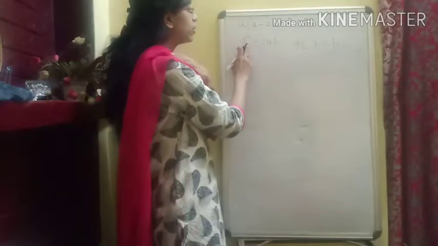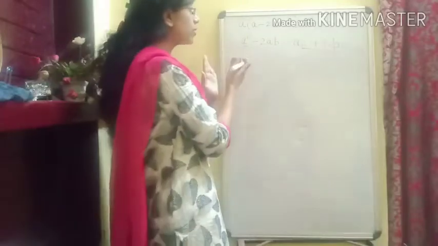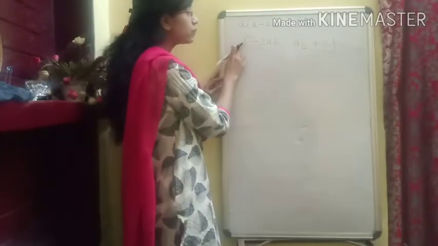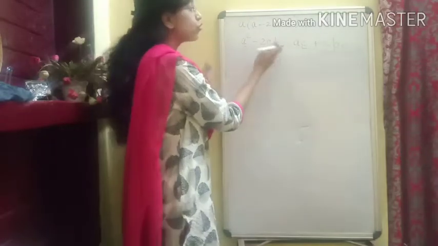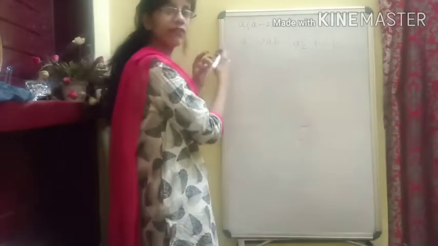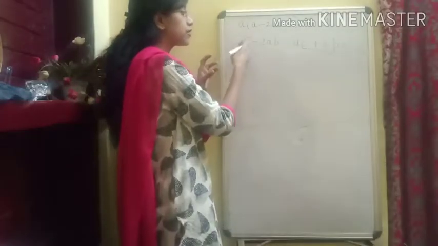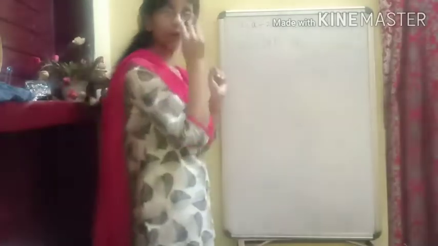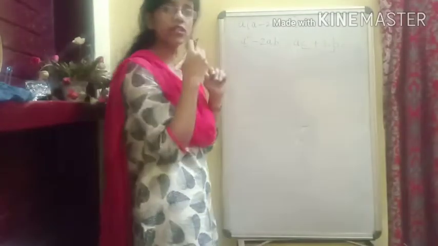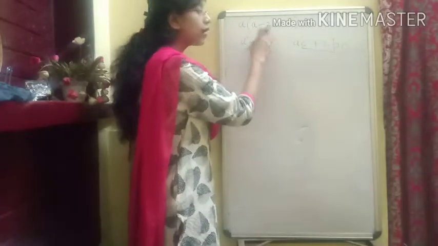Let's take common. Now from here, you see, we have to take common. Common means that in the first term there is a square, in the second term there is a. So whenever we have to take a common, we will take something common which is present in both places. Second is we will take the lowest power common, or smallest power common. Here it is a square, here it is a to the power 1.